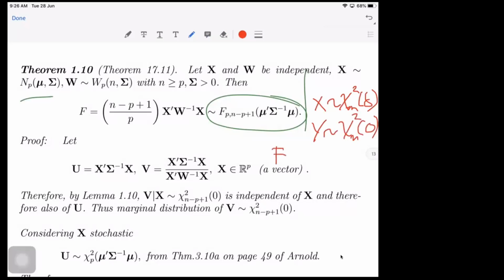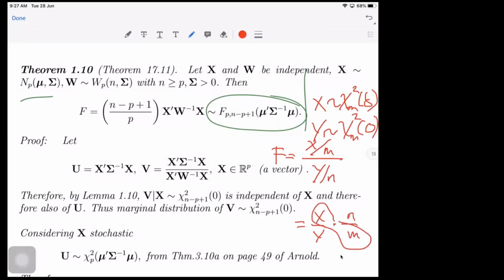You get a ratio of X divided by M over Y divided by N, or that is X over Y times N over M.